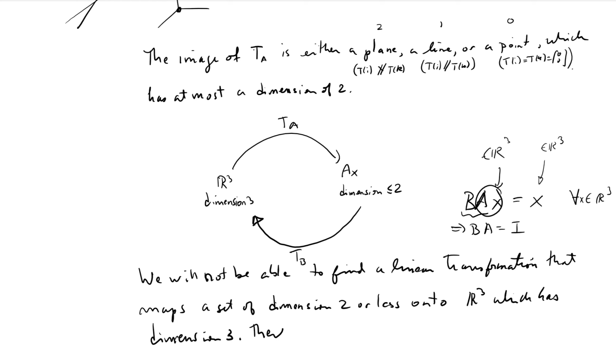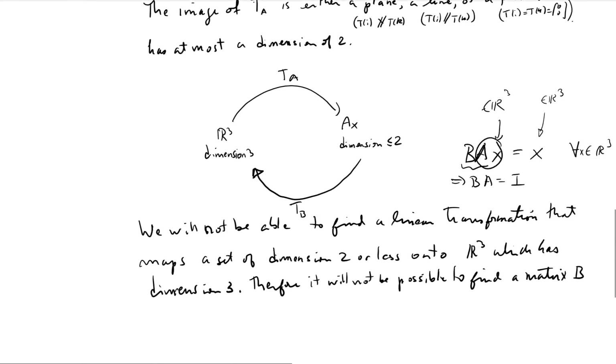So therefore, it will not be possible to find a matrix B such that B times A is the identity matrix. So that's the idea here with linear transformations.